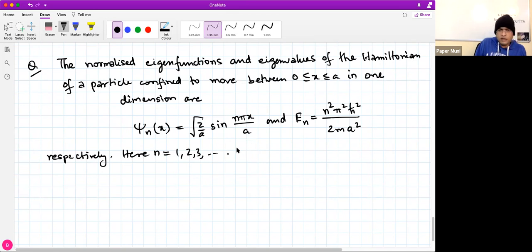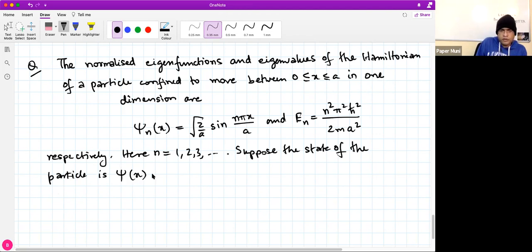Suppose the state of the particle is psi x equal to A sine pi x by a times 1 plus cos pi x by a.